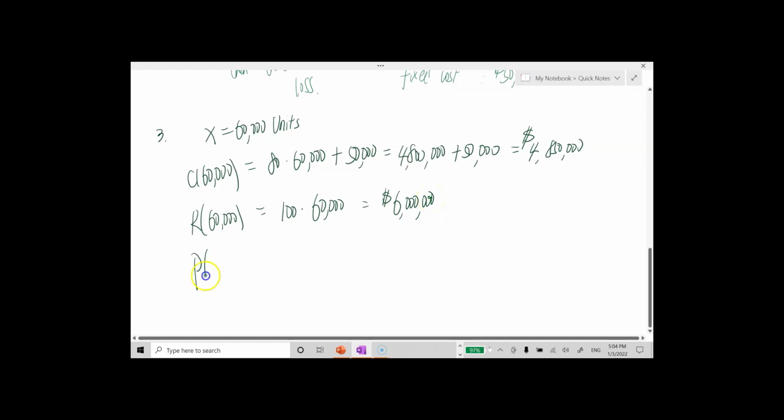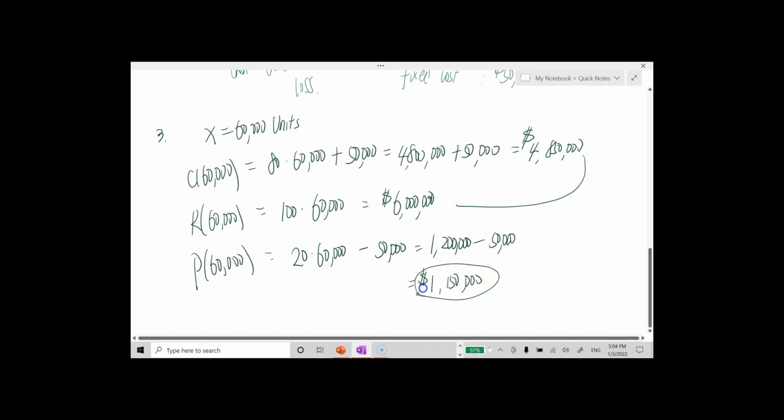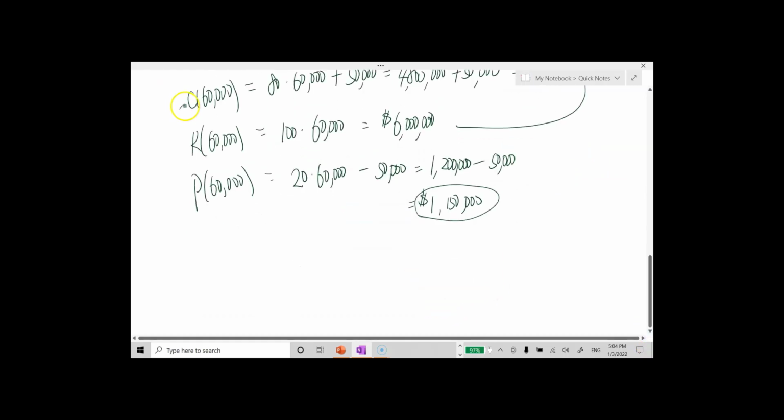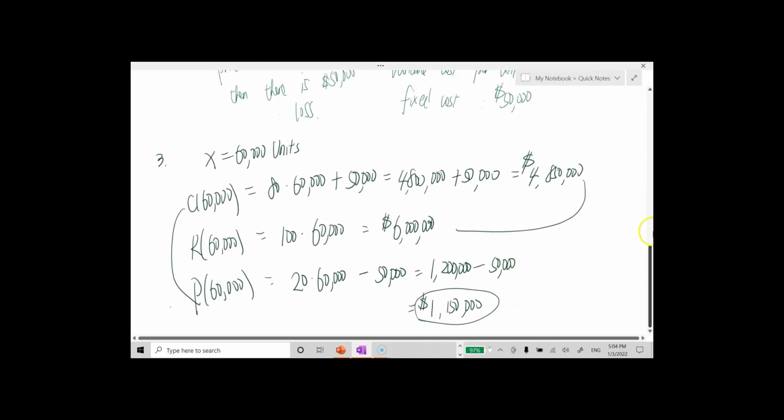And the profit of producing 60,000 units is equal to 20x, x is 60,000, minus 50,000. $1,200,000 minus 50,000 is $1,150,000. We find the difference between the revenue and the cost. So this is cost, revenue, profit at this production level of 60,000 units.